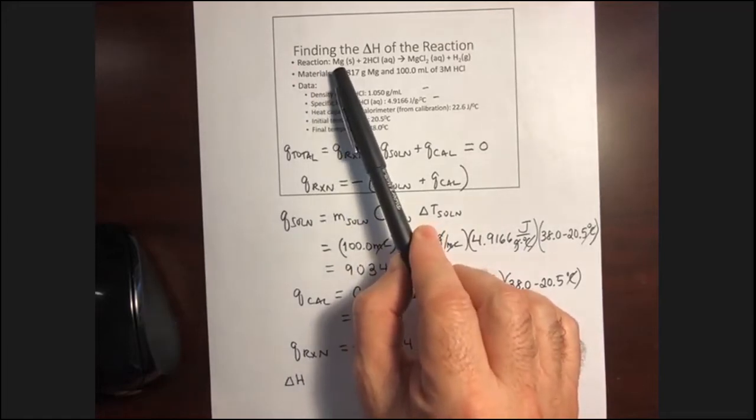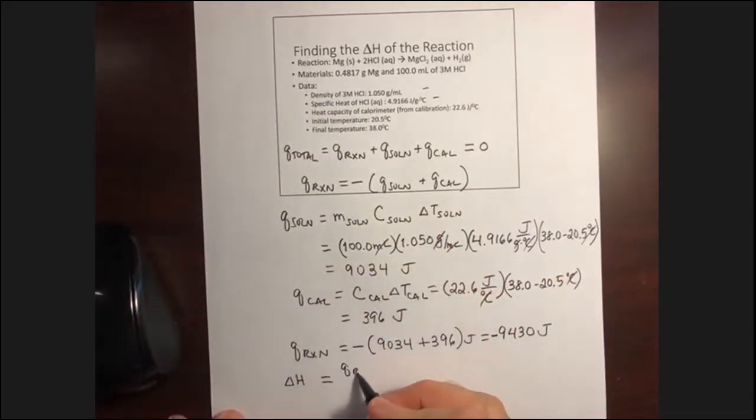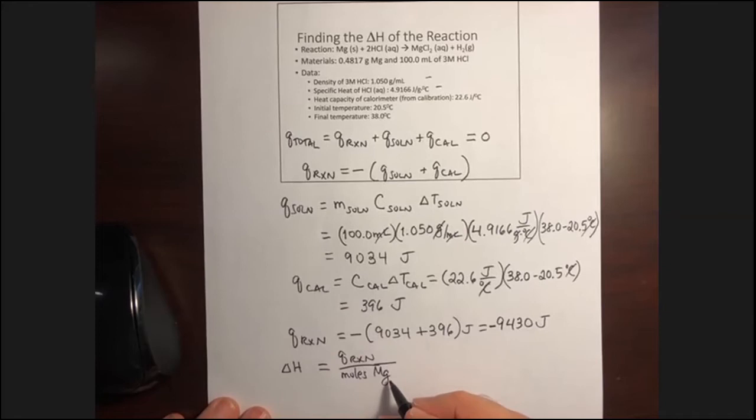So we can simply calculate how many moles of magnesium were in there. So this is going to be the heat of the reaction divided by the number of moles, in this case of magnesium. Now remember, if your data was for calcium, that would be a different value in there, okay?